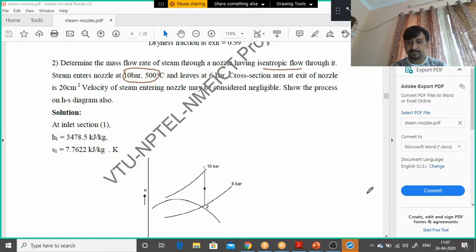This is the enthalpy entropy diagram, that is the Mollier chart. So the inlet is H1, 3740.5, which we will get from the Mollier chart.